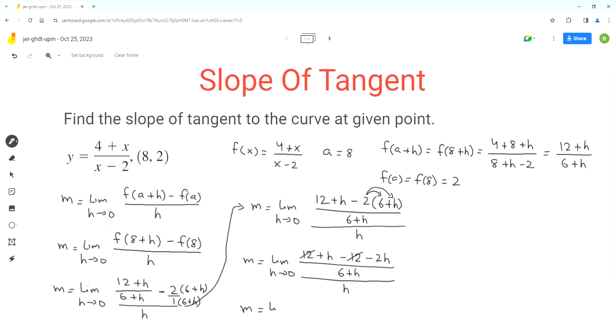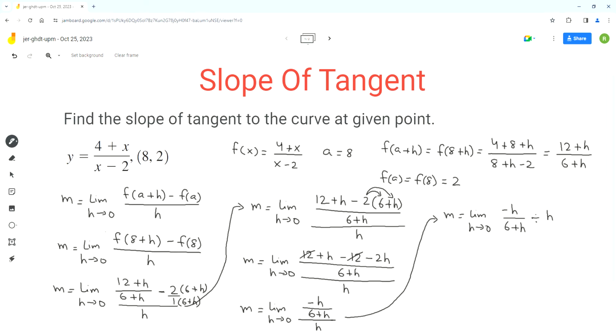So we get limit as h approaches 0 of (negative h over 6 plus h) over h. Now we can simplify this expression. It's basically a fraction over h, so we can rewrite it as a division statement: negative h over (6 plus h) divided by h.